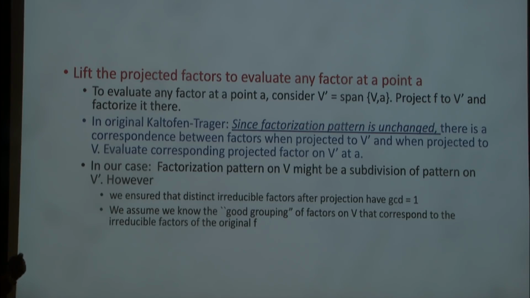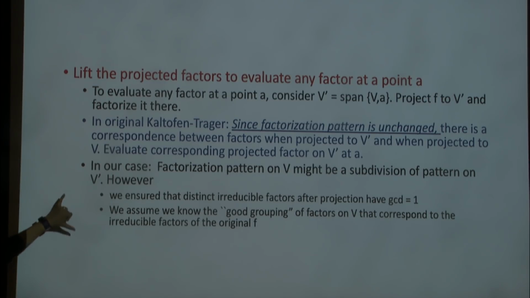However, this fact that irreducible factors have GCD 1 saves us. These two facts, the GCD 1 fact that we ensured, plus the fact that we know the good grouping for the univariate polynomial, once we have them, it's, I have 5 minutes, so this is the last part of the proof.